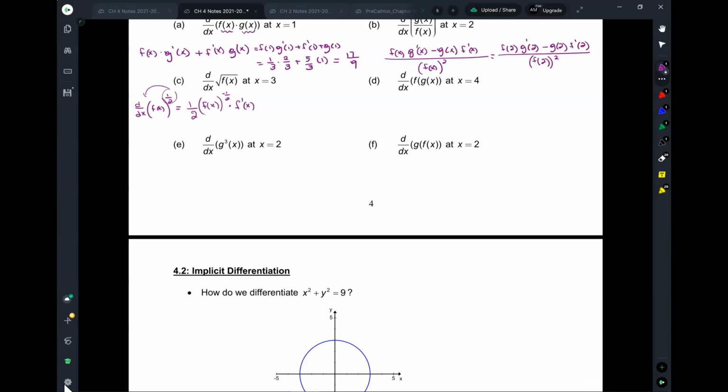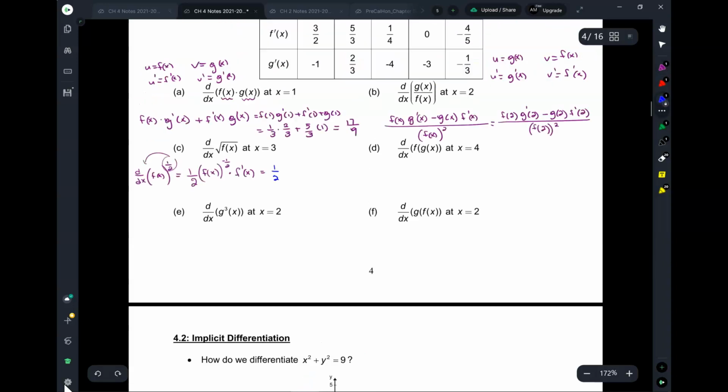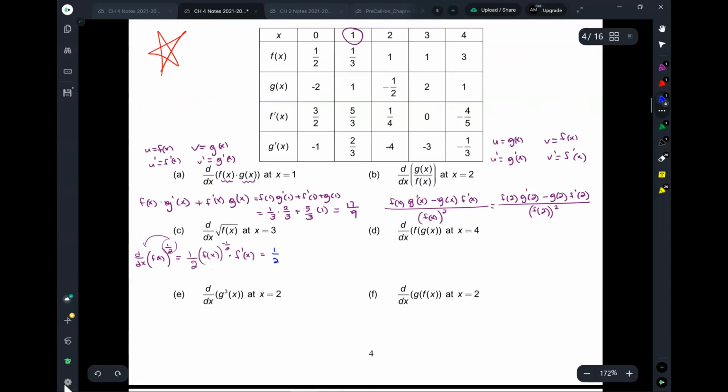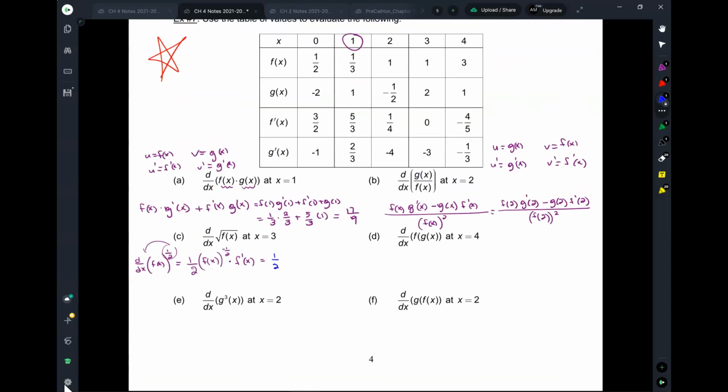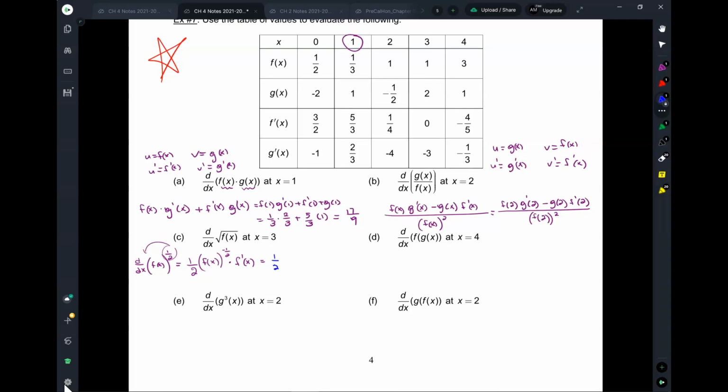Okay? So this is 1/2. At x equals 3, what's f of 3? 1 to the negative half times f prime of 3 is 0. That makes the whole thing equal to 0.